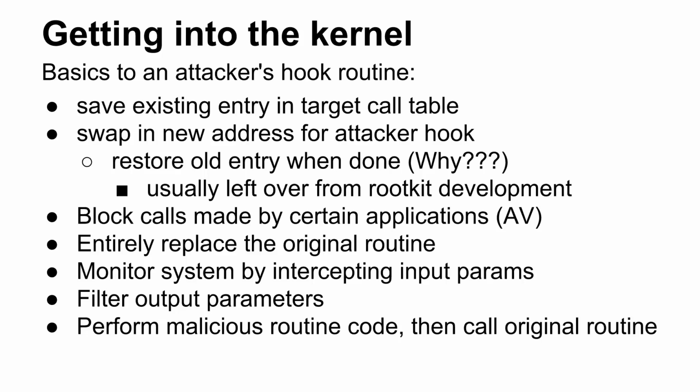And this is useful for a number of things: blocking antivirus checks or rootkit detection checks, replacing the original routine, putting in backdoors, keylogging, looking for a specific password or username, credential entry, monitoring packets, hiding connections, and hiding in general from the user.